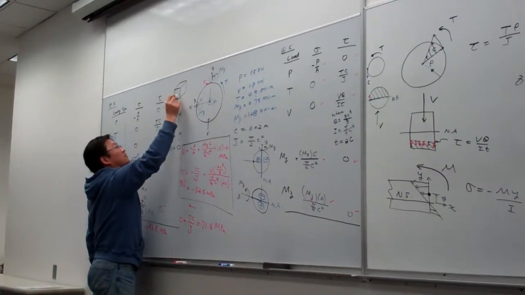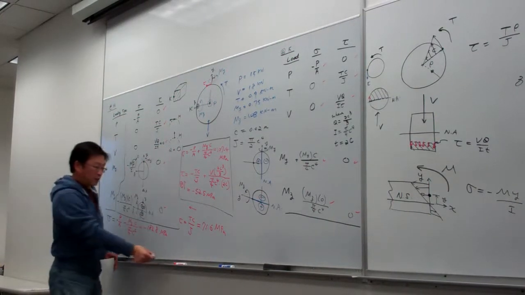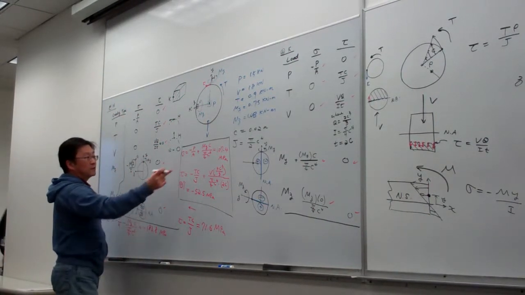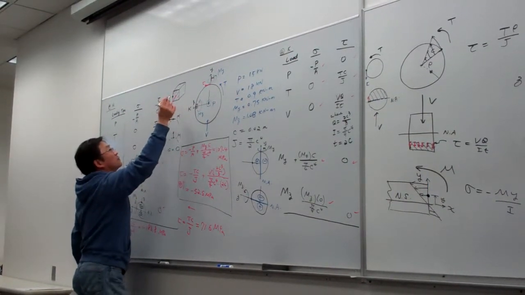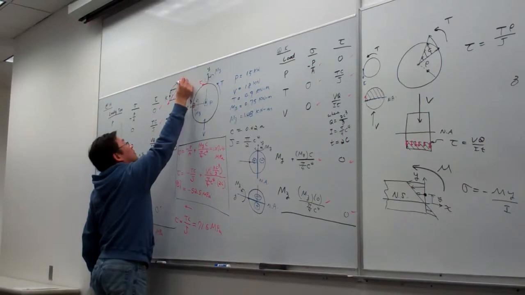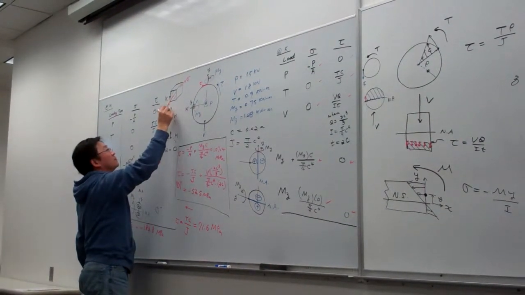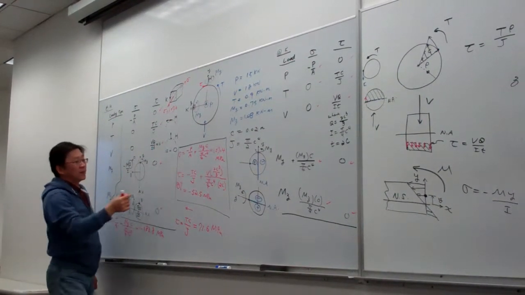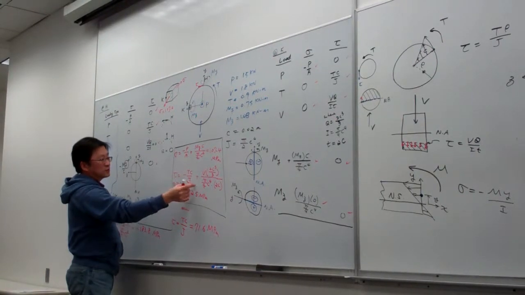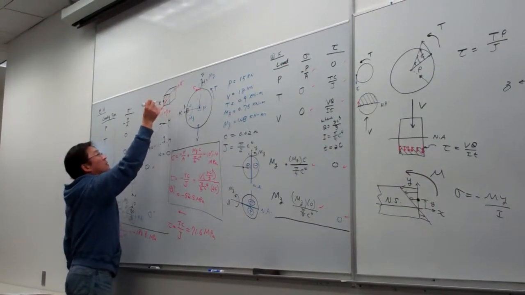Basically this surface is our cross section here. And for this case, the normal stress is tension, so on the back, sigma equal to 107.4. And then the shear stress at point K is 52.5 downward.